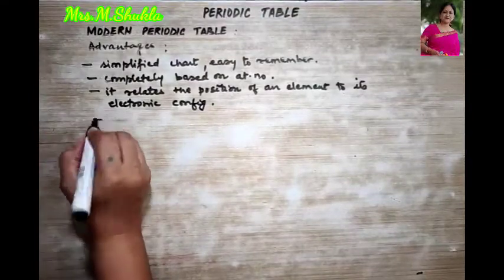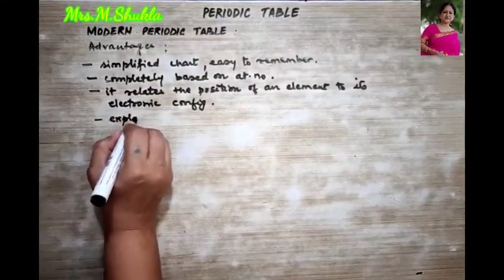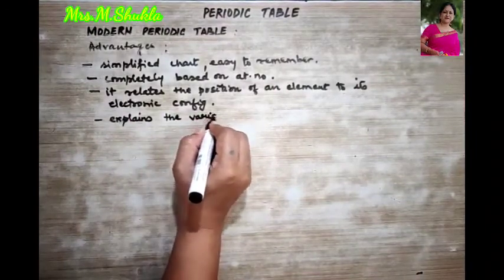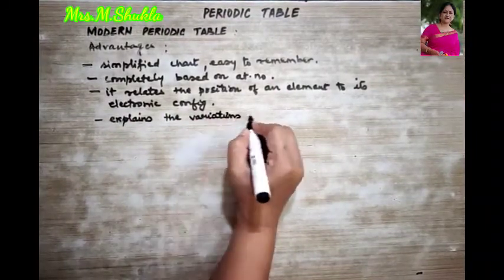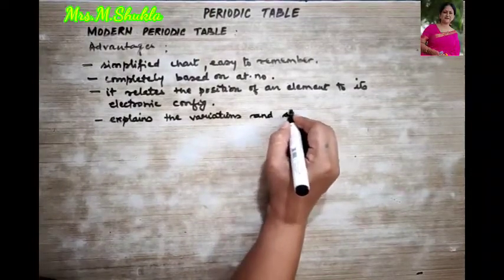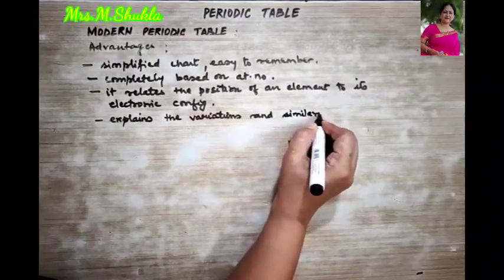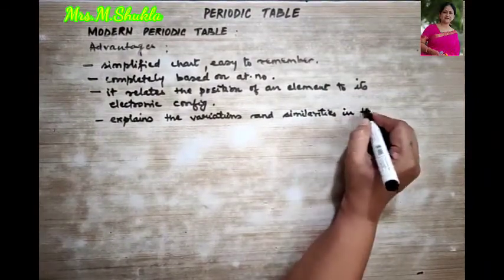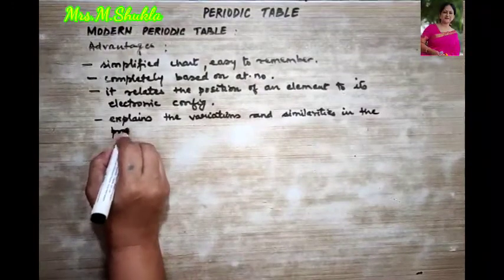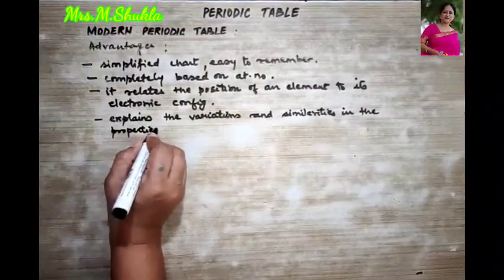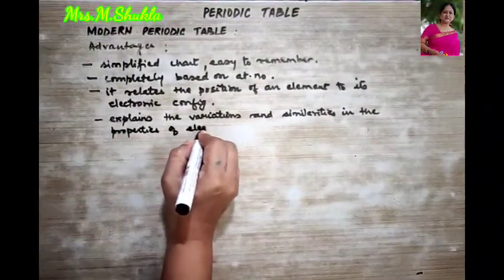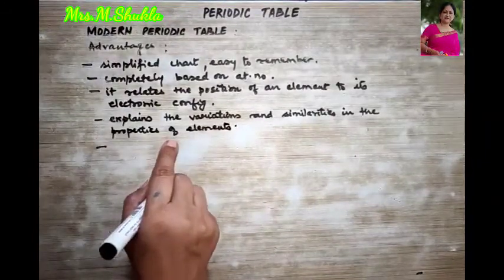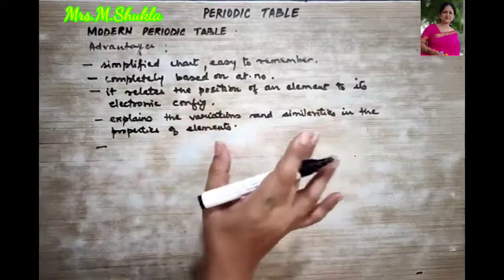It also explains the variations and similarities in the properties of the elements. Clear? Then the noble gases have been assigned a proper position in the periodic table.